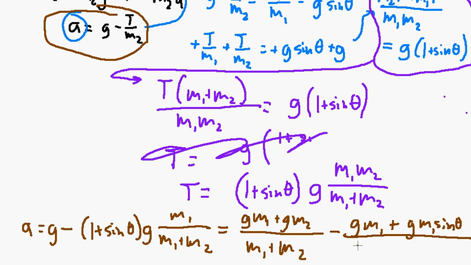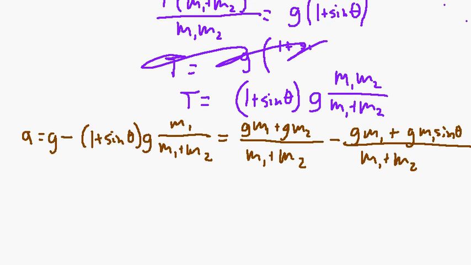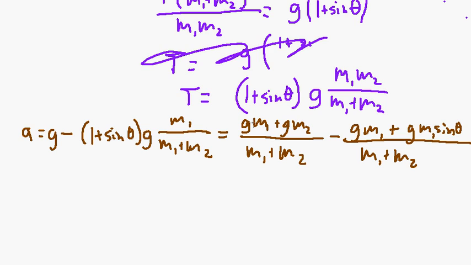Then this gm1 and this gm1 cancel out. So really, acceleration is going to equal g times m2 minus m1 sine theta over m1 plus m2.